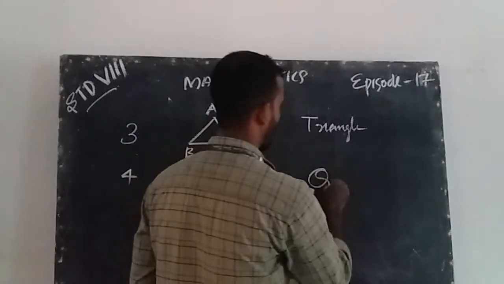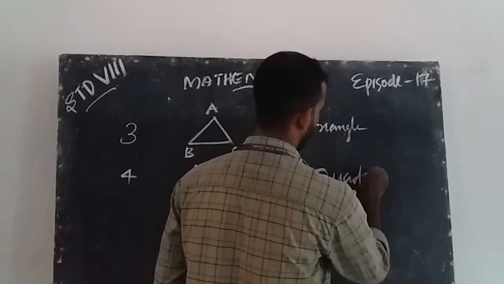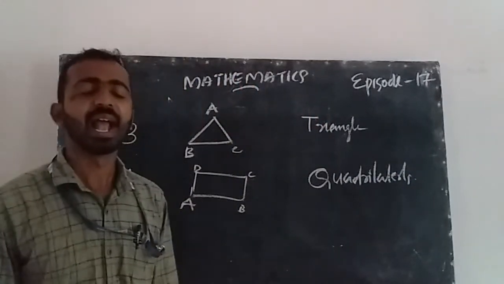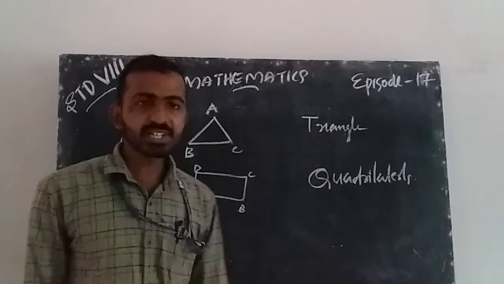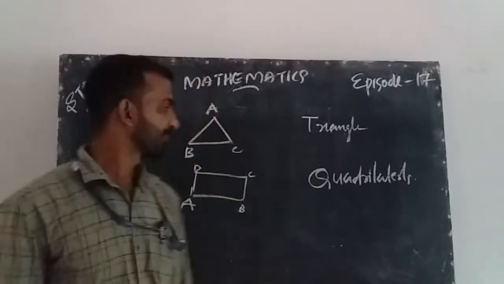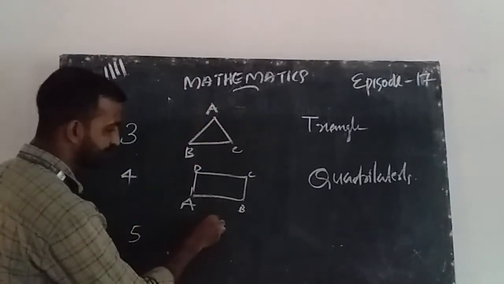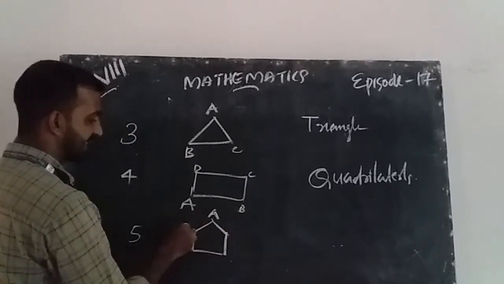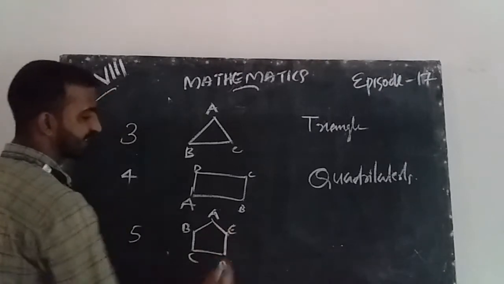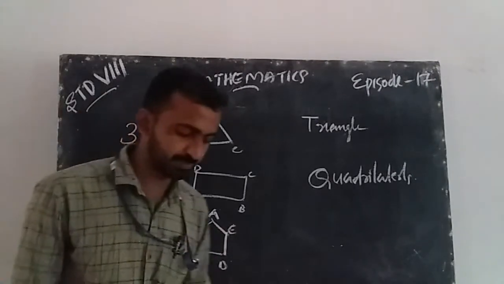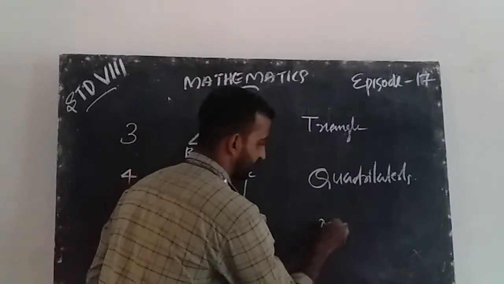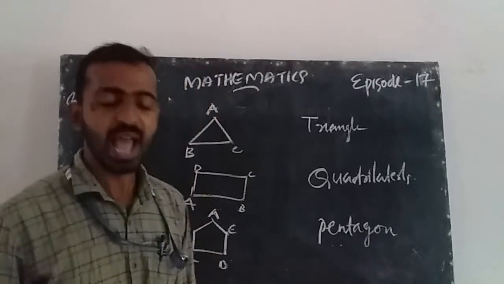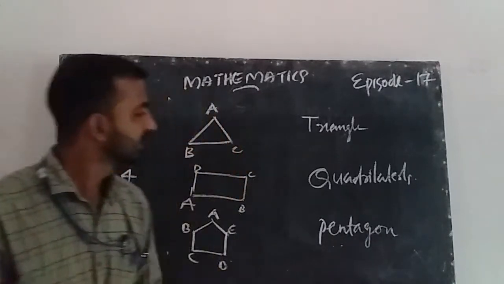Quadrilateral. And next, 5: A, B, C, D, E. Pentagon.